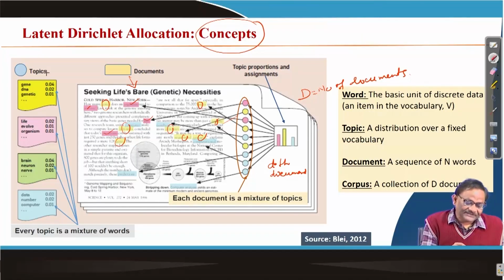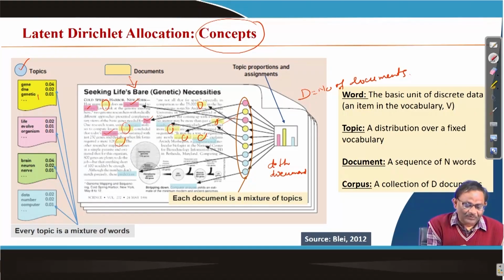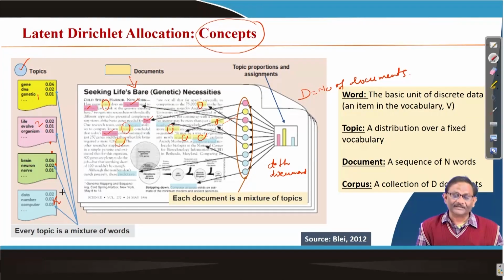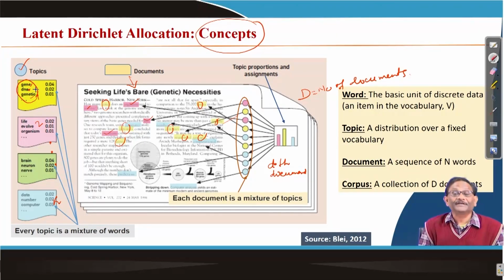You just see the left hand side, the topics are written. So there are 4 different topics, need not be 4, that can be k number of topics. So this is topic 1, topic 2, and like this we can say this is the k-th topic. Now within the topic you see that certain words are put: gene, DNA, genetics. You can understand this is basically from biology.